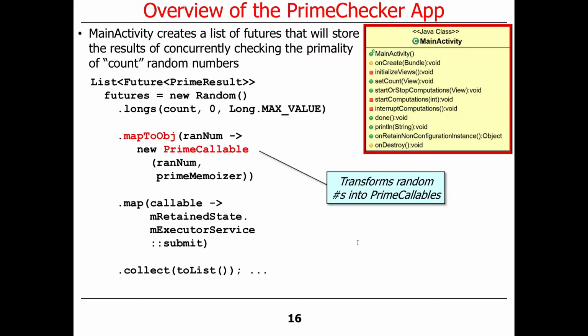We're then going to call a method called mapToObj. And mapToObj is simply a variant of map, which is going to take the input, which is the previous output from the .longs method, the generator method. So it's going to have a stream of random longs. And for each random number that comes in, we are going to create a PrimeCallable.